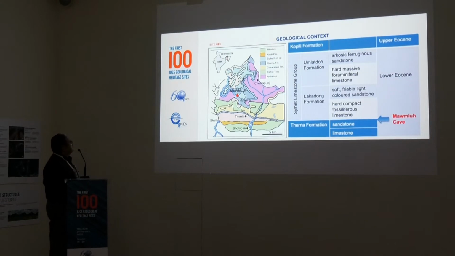Now this is the geological map of the area. The sequence is mainly lower Eocene, where the Therria formation, which is dominantly a sandstone unit, is overlain by the Lakadong formation, which is limestone, and the Mawmluh cave is developed along this contact.